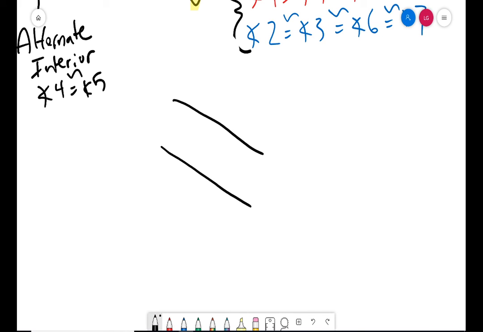So 2 parallel lines, there's the transversal. If this angle is 115, what are the other 7 angles, being this one, this one, this one, this one, this one, this one, and this one, right? Hopefully you can find that. Okay.